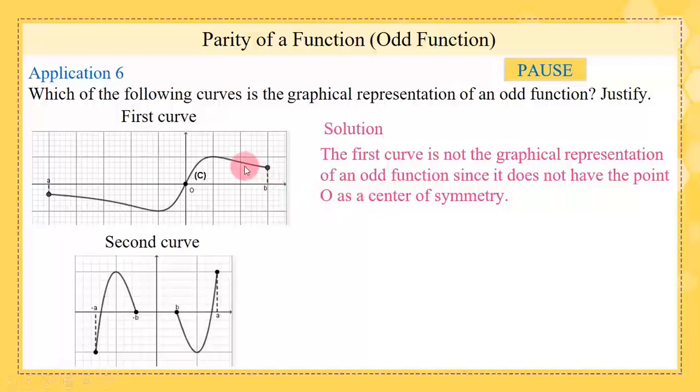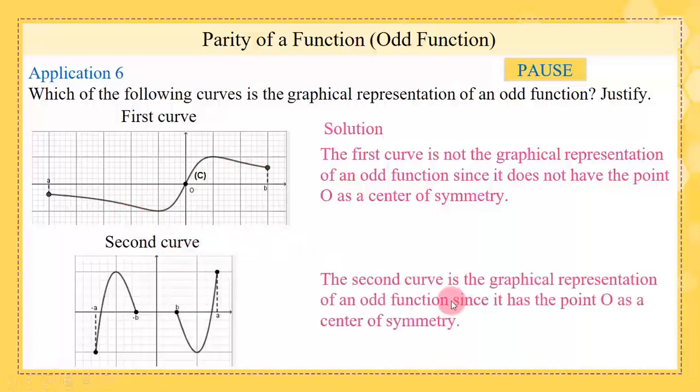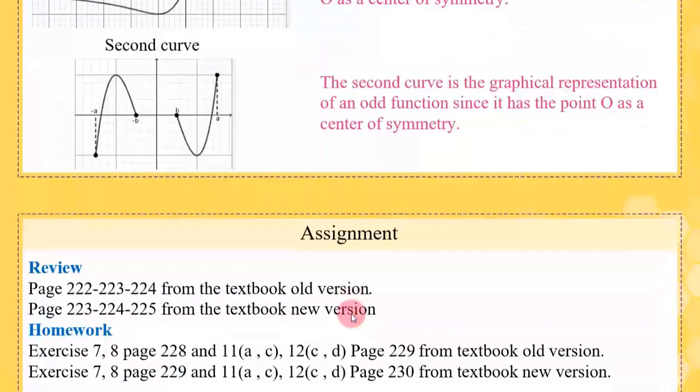We can take any counterexample and make the symmetry with respect to O to find that the symmetry does not belong to the curve. The second curve is the graphical representation of an odd function. If we look at the following figure of the second curve, every point on this curve has its symmetry with respect to O, so O is the center of symmetry.